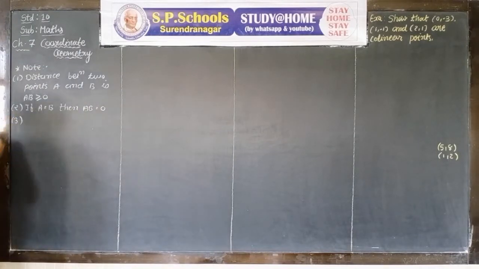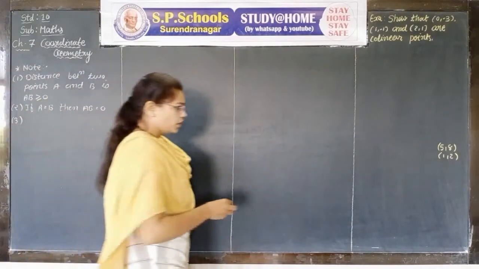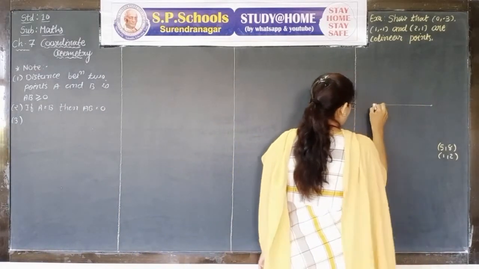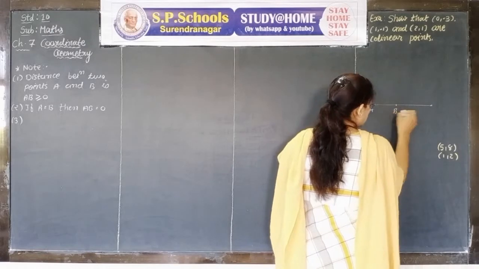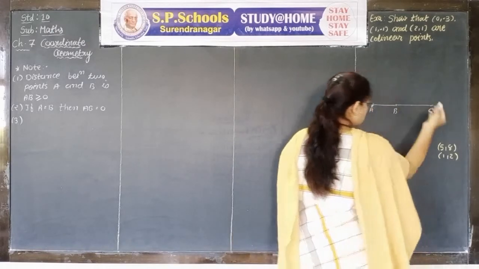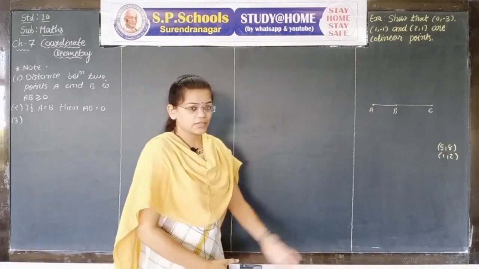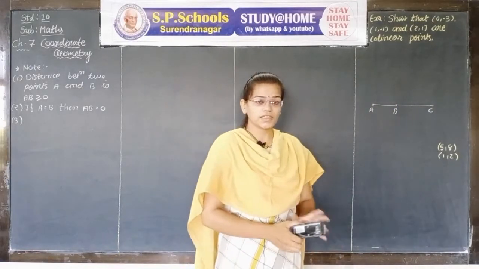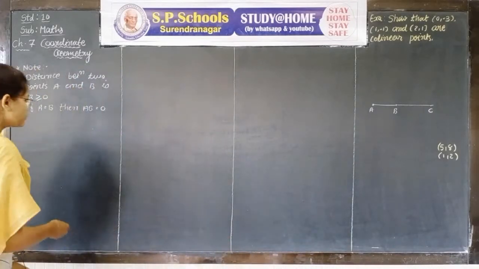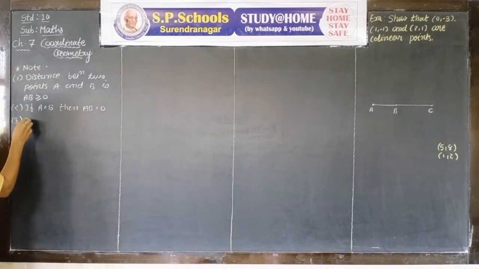Then the third one: if 3 points are collinear. Collinear means the 3 points lie on a straight line, like this, A, B and C. As we know, AB plus BC gives us AC. That's why the 3 points are collinear. It is the condition to check whether 3 points are collinear or not. It is the most important note.